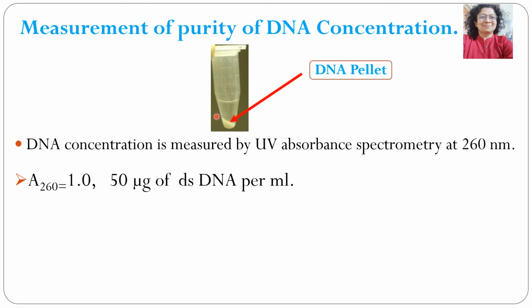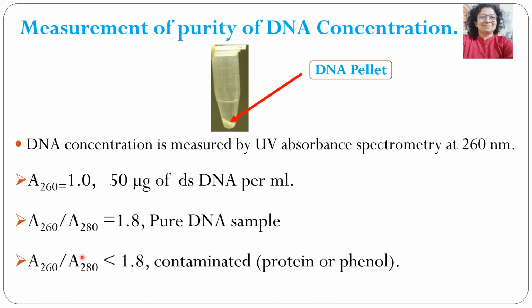To check the purity, we take the ratio of absorbance at two different wavelengths, 260 nanometers and 280 nanometers, by dividing the absorbance at 260 nanometers by the absorbance at 280 nanometers. If the result is 1.8, the DNA sample is pure.